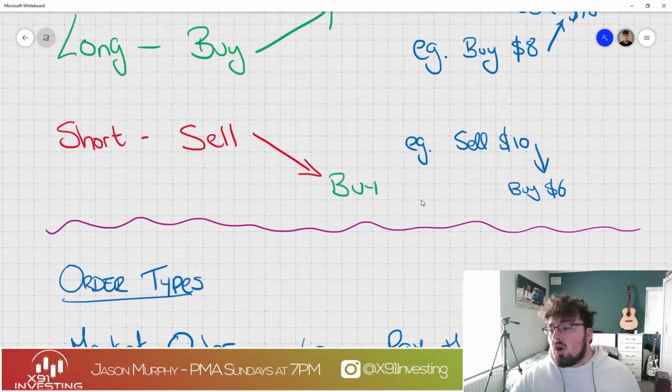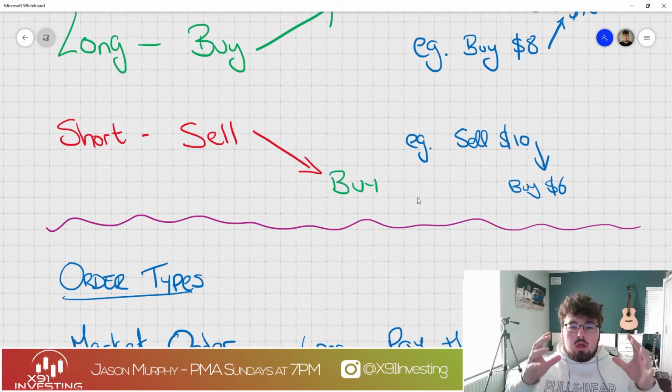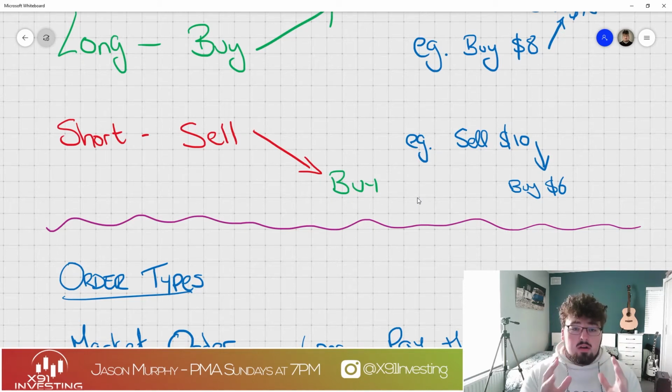But when it comes to shorting, it's a little bit different. The way to understand it is your broker lends you, say, a stock. Take Apple stock, and pretend it's valued at $10. You take one share in Apple, which your broker gives you on loan, and you sell it to the market.